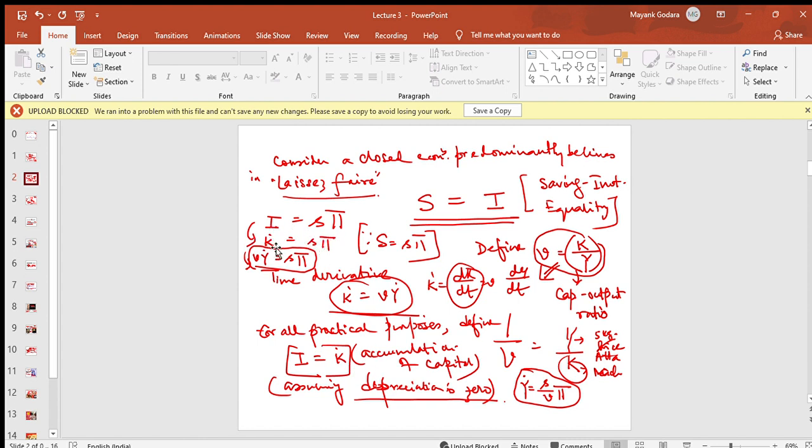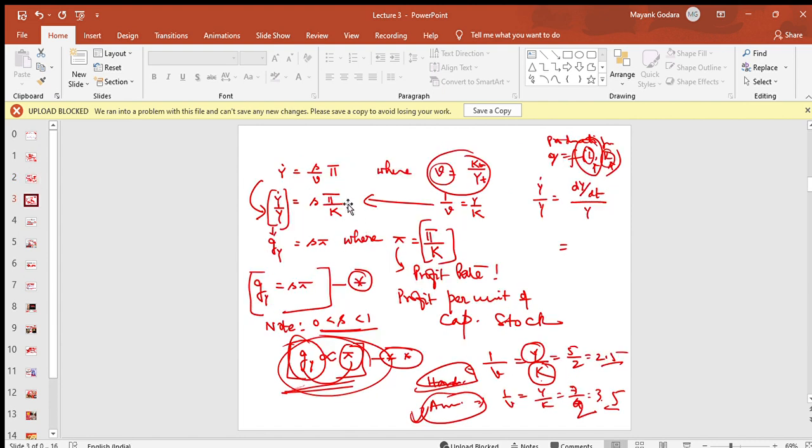And what was our K dash? It was K dash equals V into Y dash equals S into pi. So we bring V downwards, and now we will substitute V equals K by Y and bring Y over here.